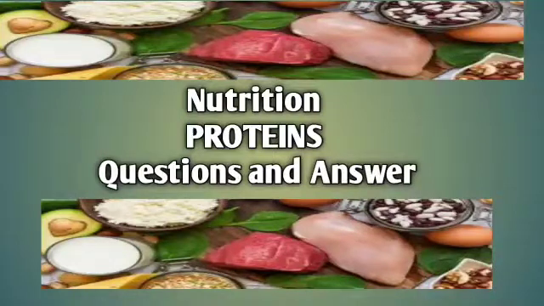There are hundreds of proteins known, but only 20 amino acids commonly occur naturally.